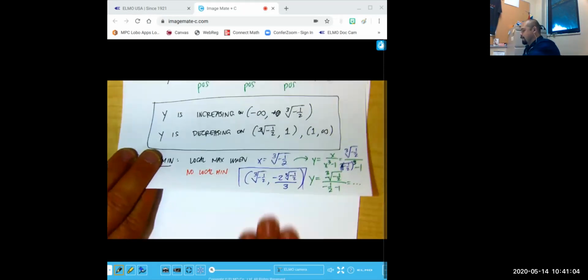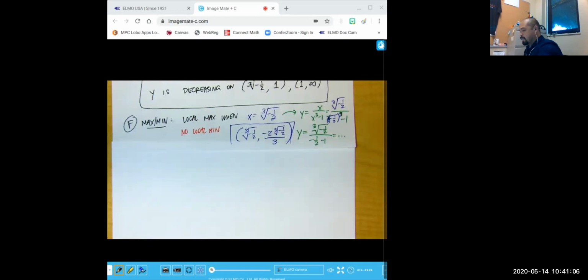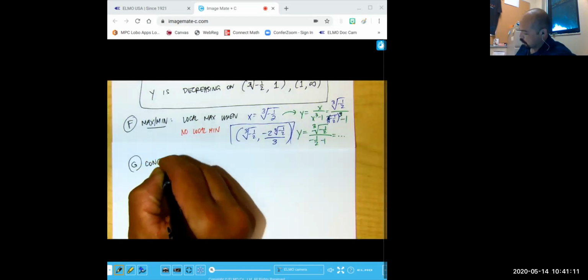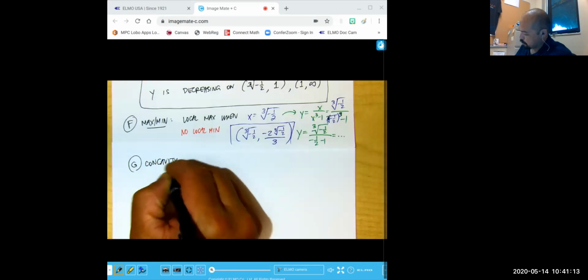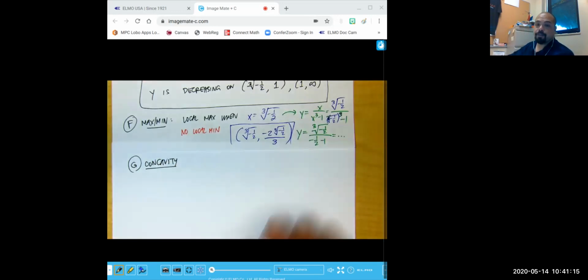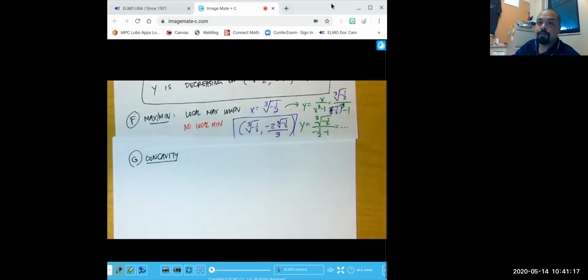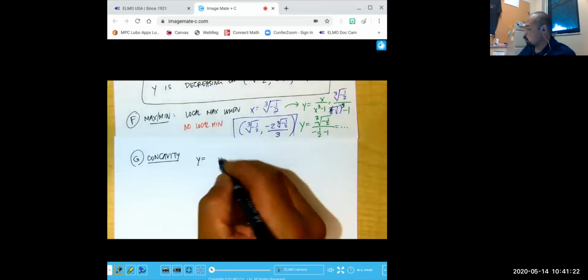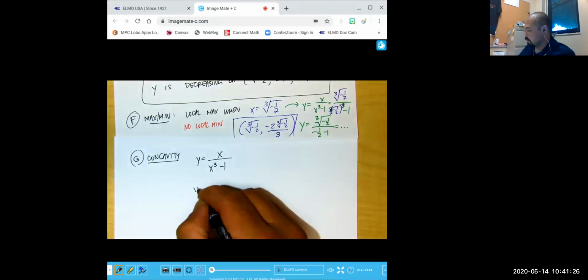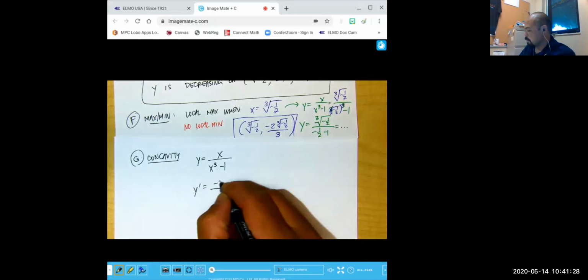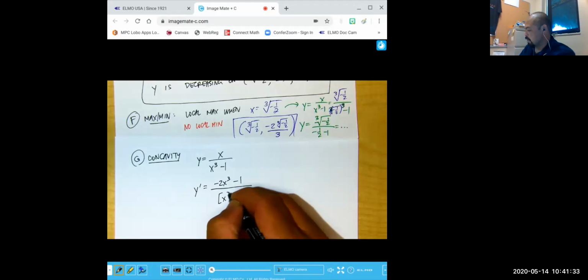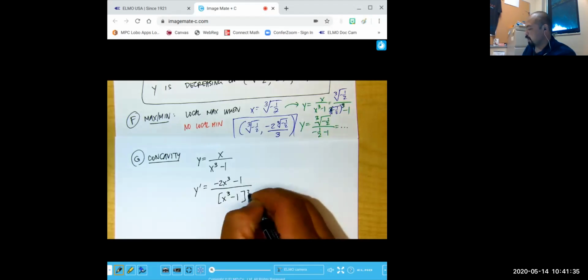And so then this last big time consuming part, G, our discussion with concavity, right? That second derivative. So for our second derivative, we're going to need to use that quotient rule again. In that denominator is going to be a chain rule when we evaluate, right?